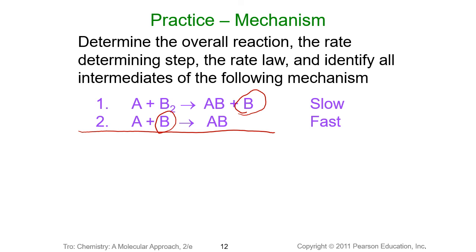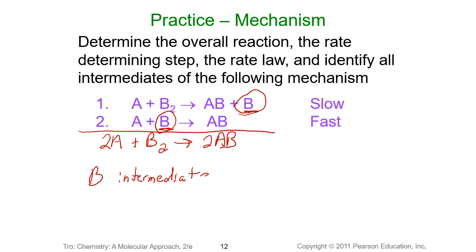They will cancel, and our overall reaction is going to be 2A plus B2 yields 2AB. Because B is produced in the first reaction and used in the second reaction, B is our intermediate. It does not show up in the overall reaction.